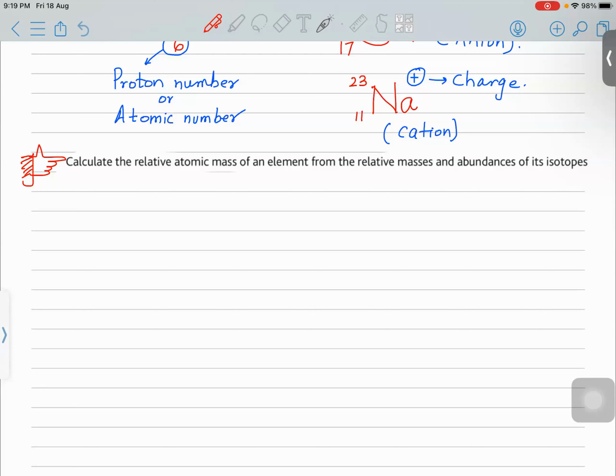Yes, relative atomic mass, right? What is relative atomic mass? Relative atomic mass is the mass of any element which is compared with carbon 12.